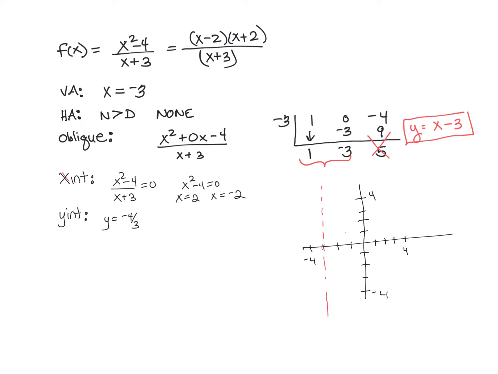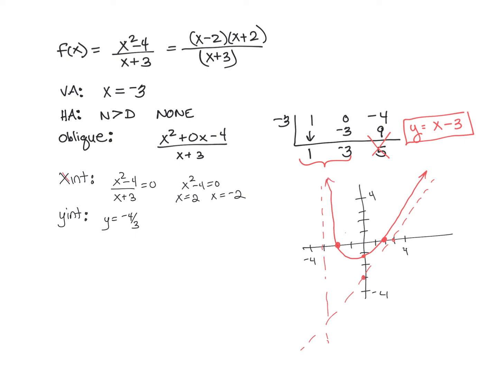Our oblique asymptote is y equals x minus 3. We have x-intercepts at negative 2 and 2, and a y-intercept of negative 4/3. So it appears we have a piece that looks something like this.